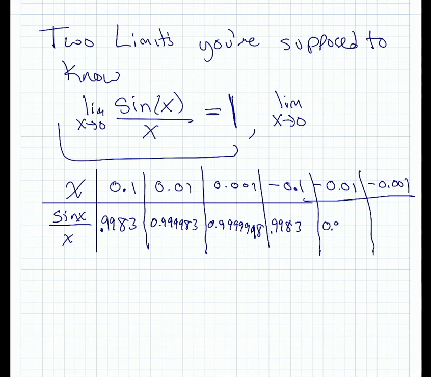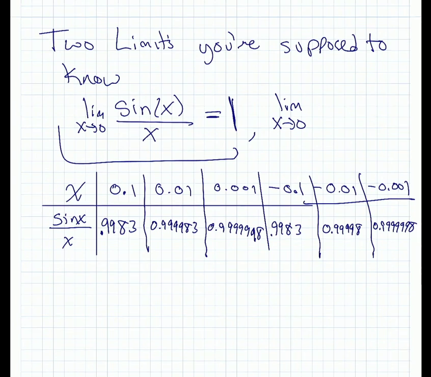You can check the others, but they're 0.99998 and 1, 2, 3, 4, 5, 6 nines and an 8. So you look at this table, and that table is what tells you that this limit is going to be 1, because you see these just getting closer to 1 as you go. Okay?